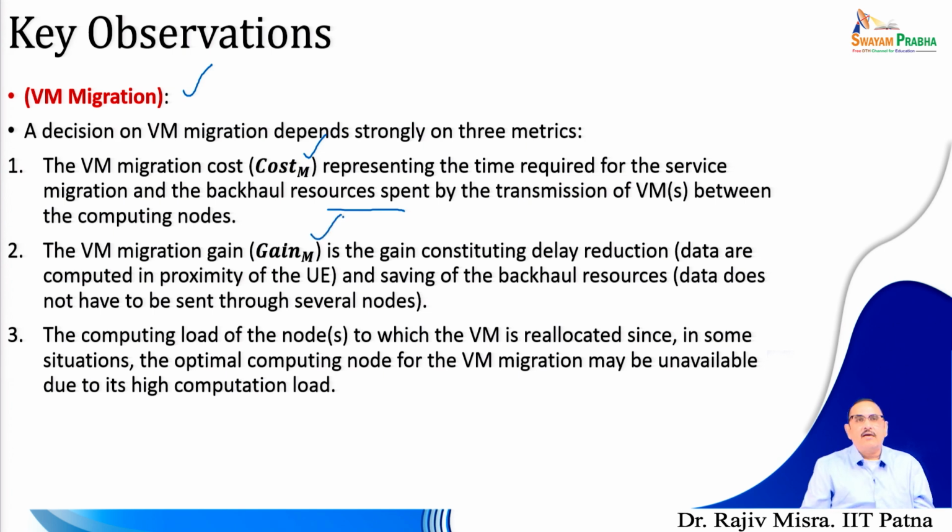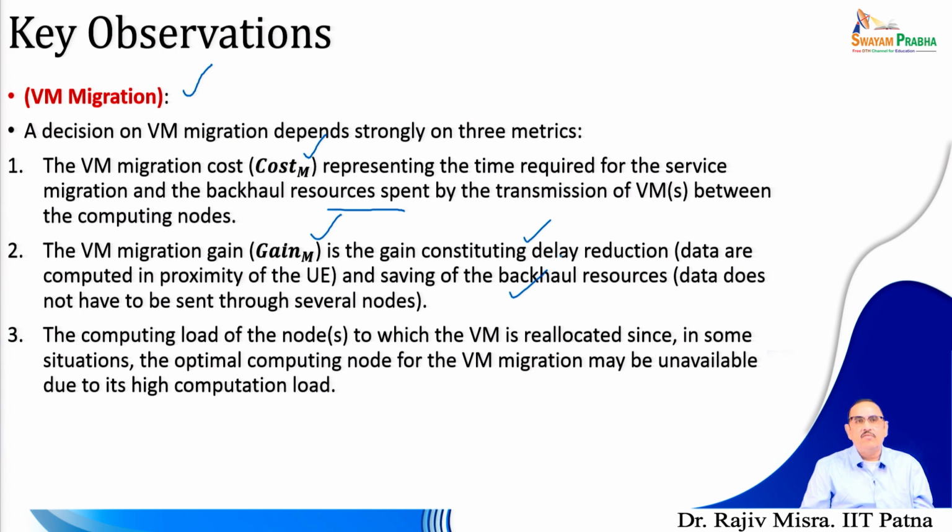Then another metric is called VM migration gain, the gain constituting the delay reduction, that is, the data are computed in the proximity of user equipments, and saving of the backhaul resources, as data does not have to be sent over several nodes. So, therefore, we weigh cost versus gain.